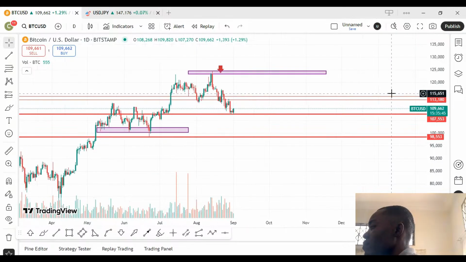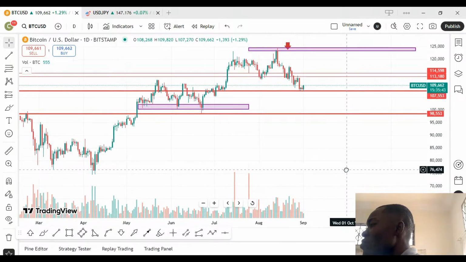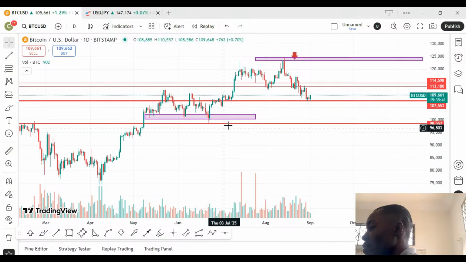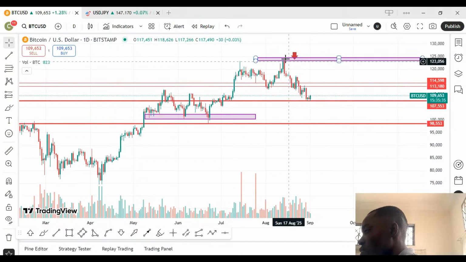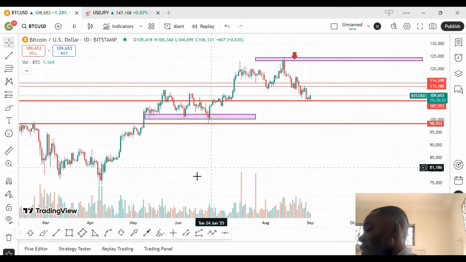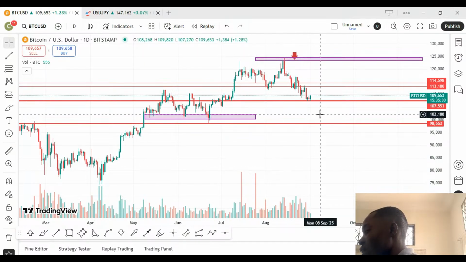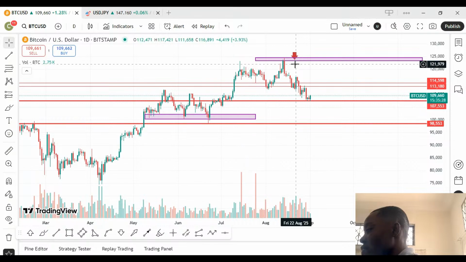And then you also realize that in the short term this market is trending to the downside. So in the short term the market is trending to the downside, and in the long term the market is trending to the upside. Now, we all know that we join the trend.